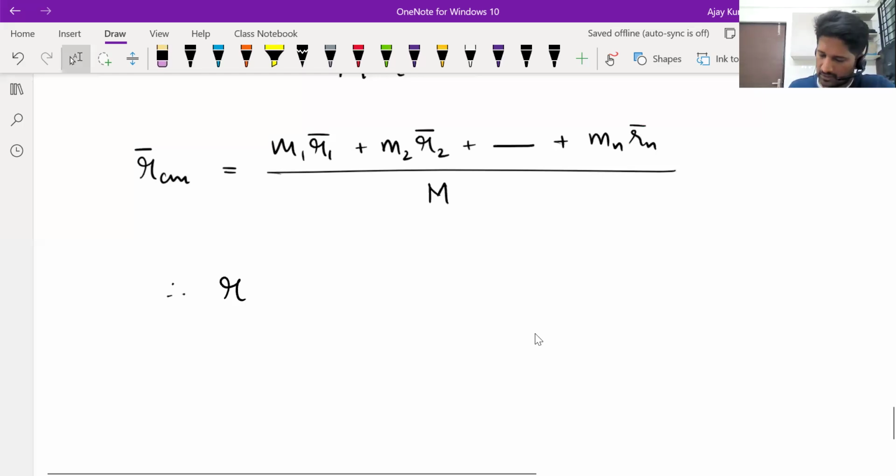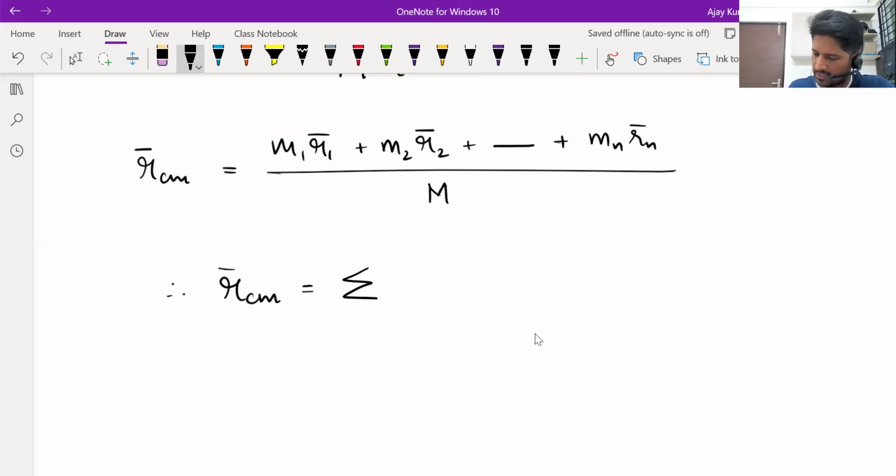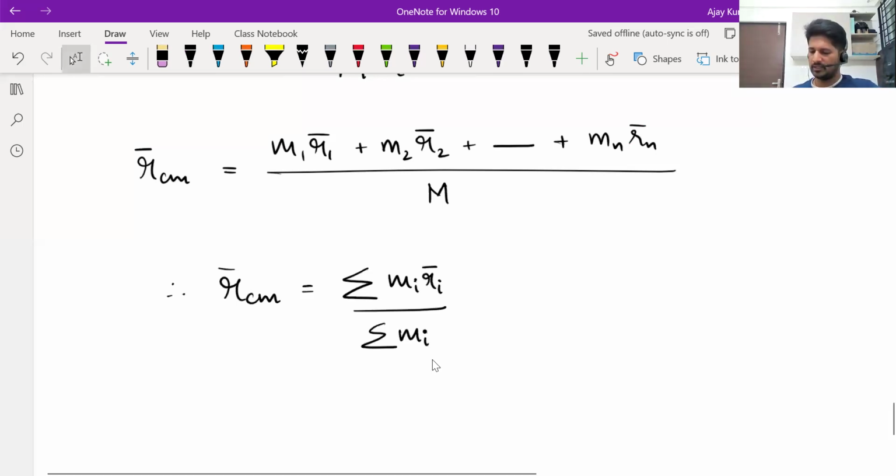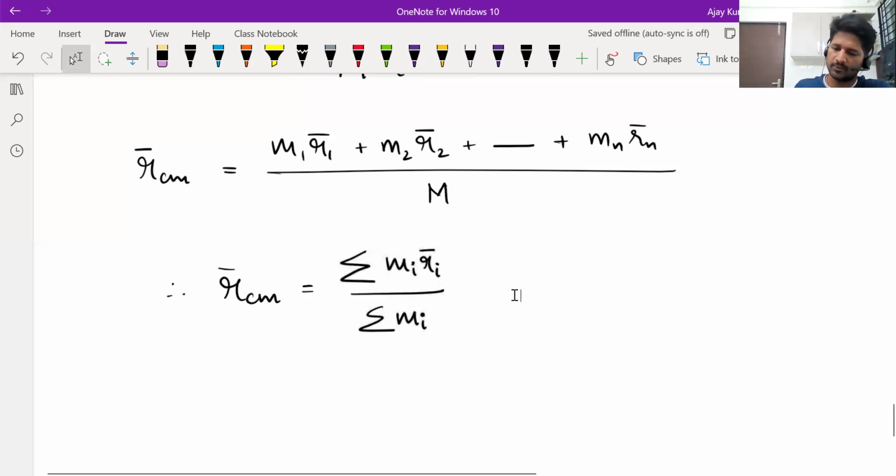Therefore, the general formula for position of center of mass becomes summation sigma mi ri vector divided by the total mass, which is nothing but the summation of individual masses, sigma mi. So acceleration of center of mass, velocity of center of mass, position of center of mass, the formulas are all similar.